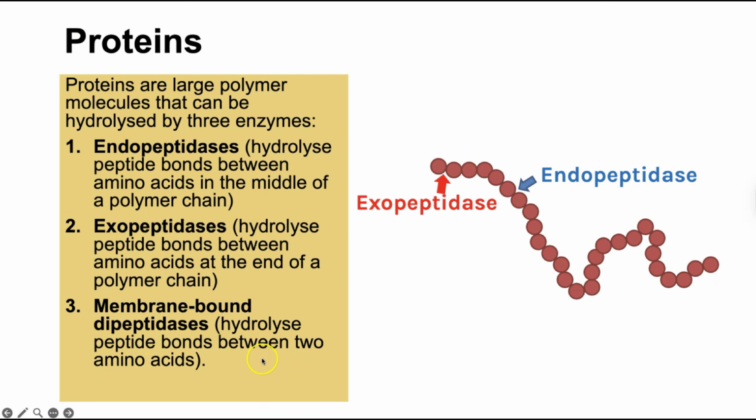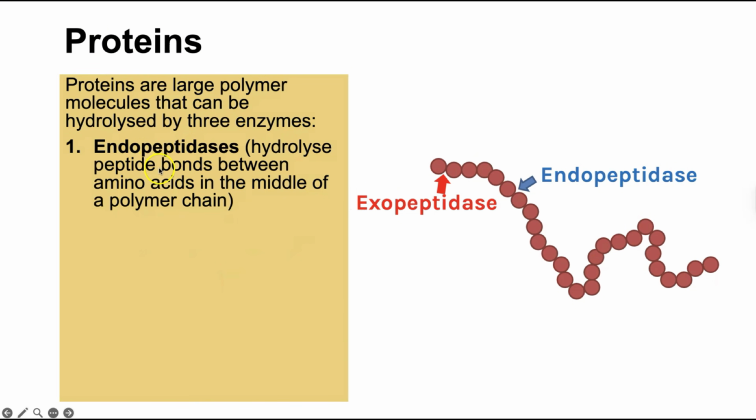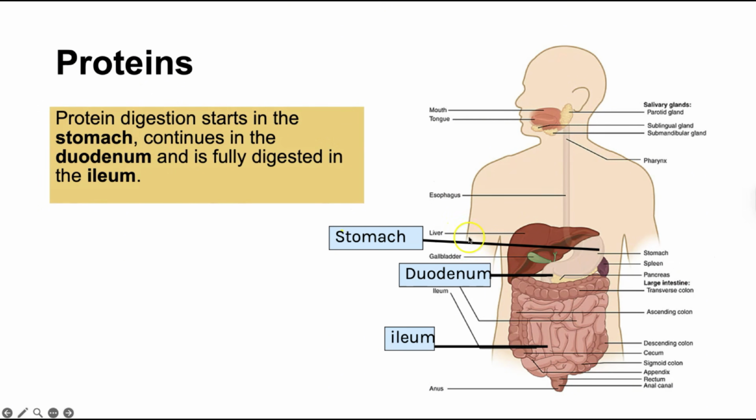Those enzymes will work to hydrolyze a dipeptide into amino acids, and the amino acids are small enough to be absorbed. So in terms of these proteins, you would have in the stomach the endo and exopeptidases. The pancreas will release more of those into the duodenum, and then in the ileum you have your membrane-bound dipeptidases.